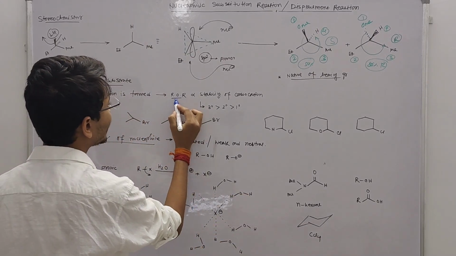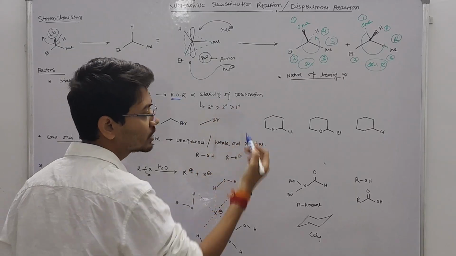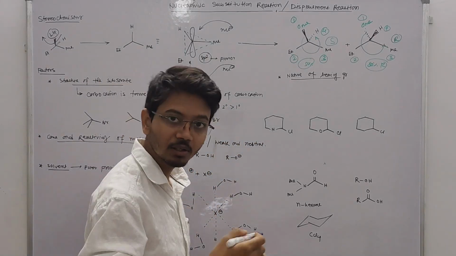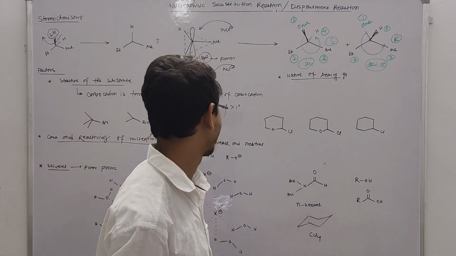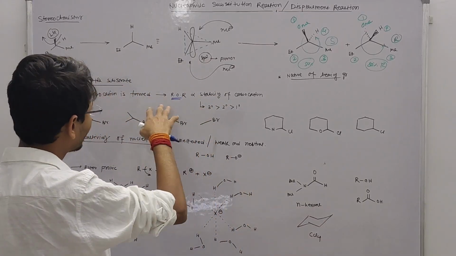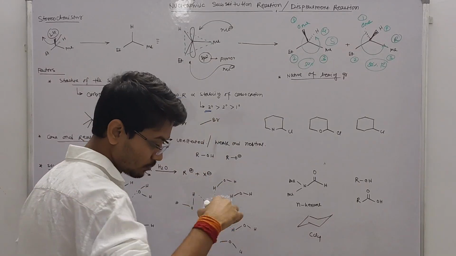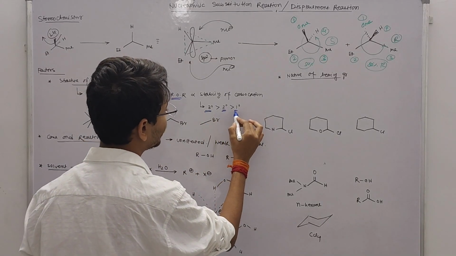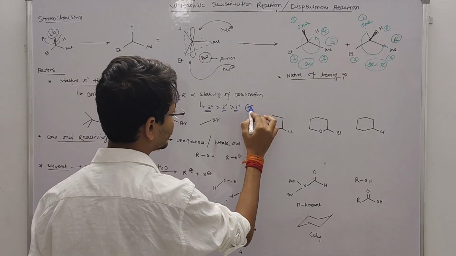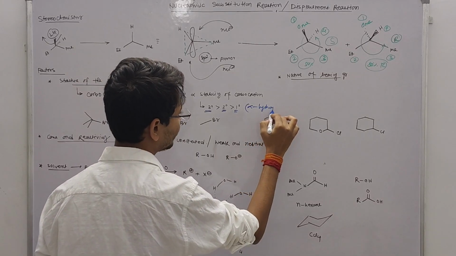So the rate of reaction is directly proportional to the stability of the carbocation. If the stability is high, then the rate of reaction is high. As you know, 3 degree is more stable compared to 2 degree compared to 1 degree, due to alpha hydrogen.